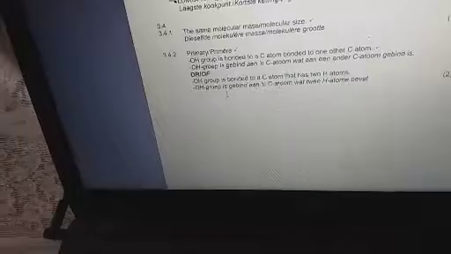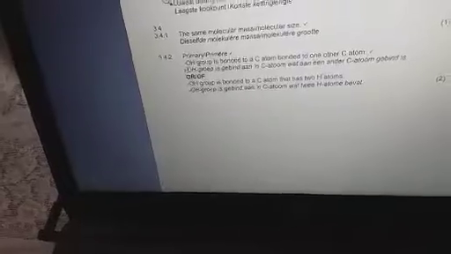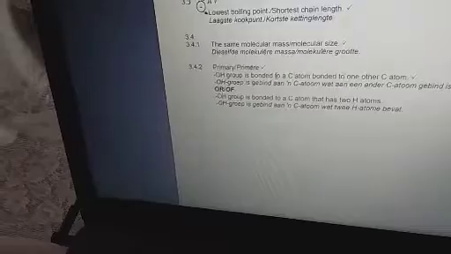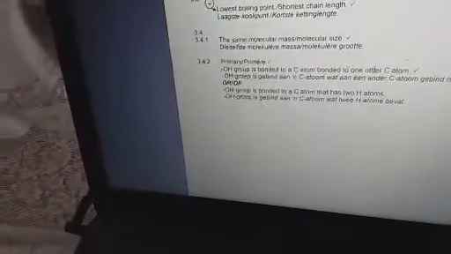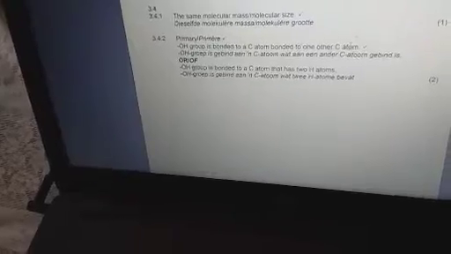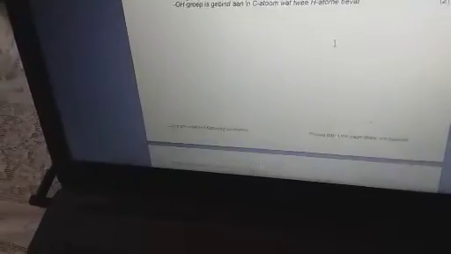Primary alcohol depends on the alcohol group, which is the OH group, being bonded to a C bonded to another C atom. That was their reasoning.